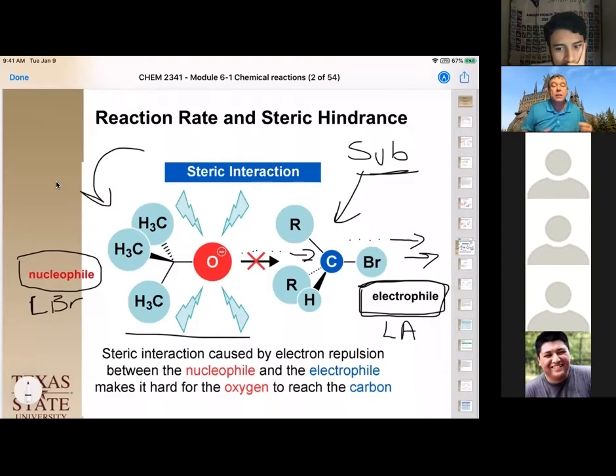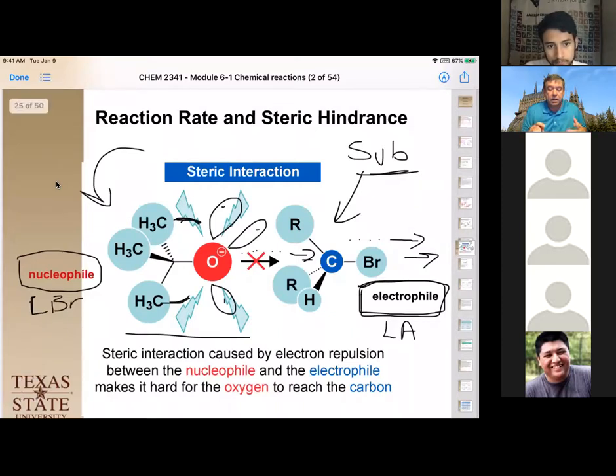It slows down the reaction as this gets bigger because these are starting to crowd out the space where the lone pairs are, remember these have lone pairs here, changing which lone pair can effectively make that new sigma bond. Okay. So energy and sterics control most of our reaction rates.